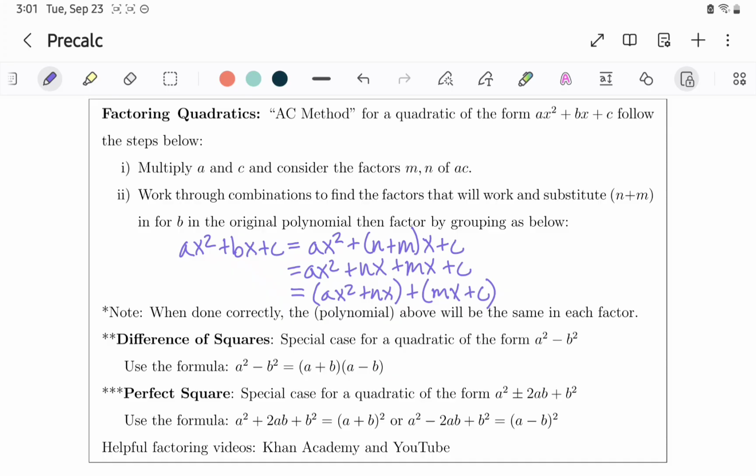And then we also have the perfect square factorization formula. So if we ever have a quadratic expression of the form a squared plus or minus 2ab plus b squared, we can use the formula a squared plus or minus 2ab plus b squared is equal to a plus or minus b, quantity squared.